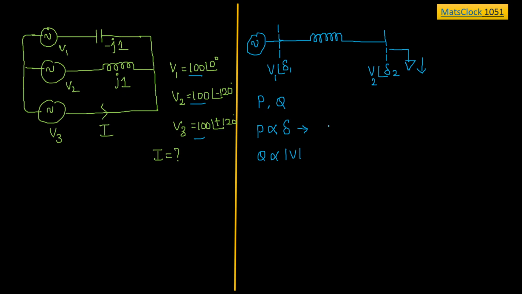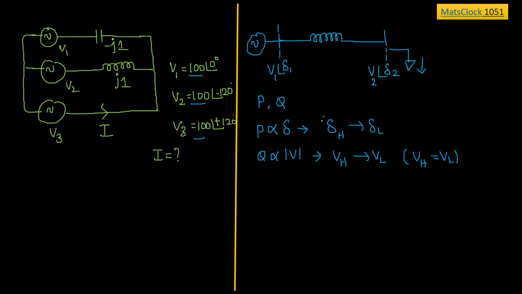Real power will flow from the higher value of delta to the lower value of delta. Similarly, reactive power flow can be predicted from higher potential point to lower potential point. That is the basic definition. Now, if the potential is the same at both points, then there will be no reactive power flow.